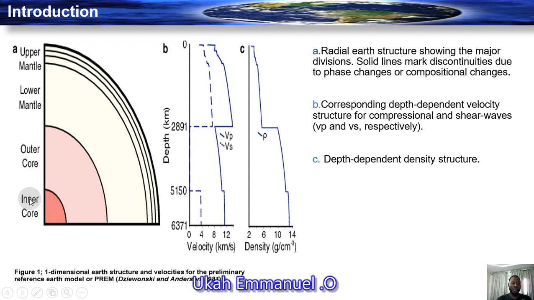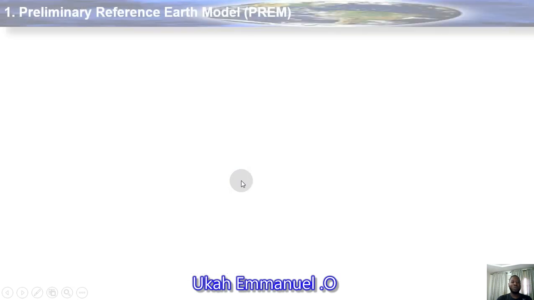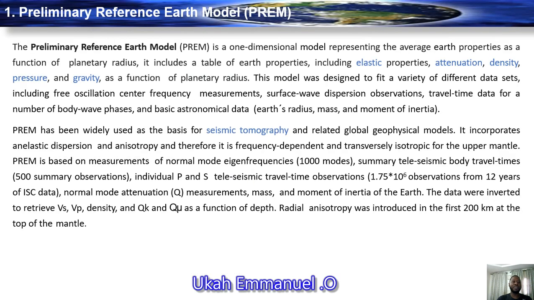So let's go to the next one here, which is the first model we'll be talking about, the preliminary reference Earth model. For many years now, the most widely used reference model on seismic velocity in the Earth has been the preliminary reference Earth model.